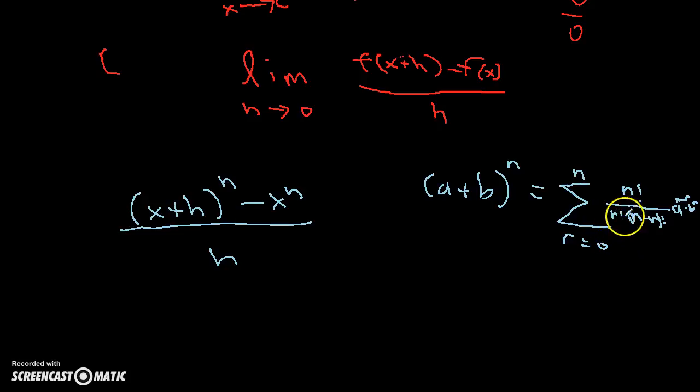It's going to be 0 factorial, which is just 1, times (n minus r) factorial. n minus 0 is just going to be n factorial. n factorial divided by n factorial is just going to be 1.